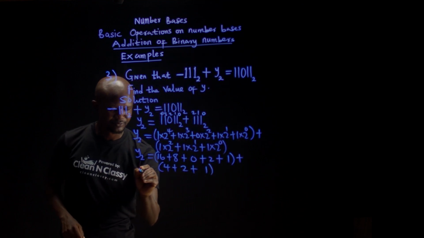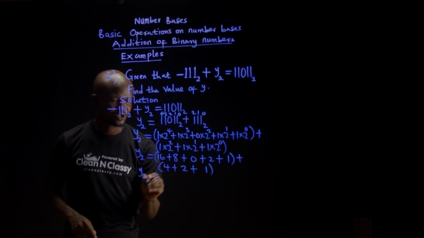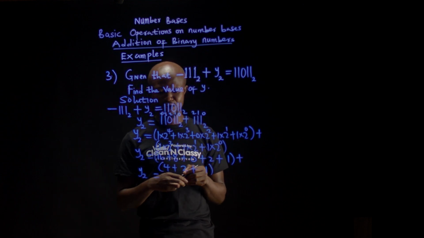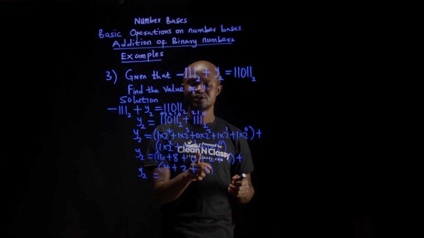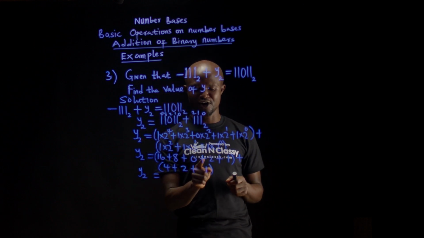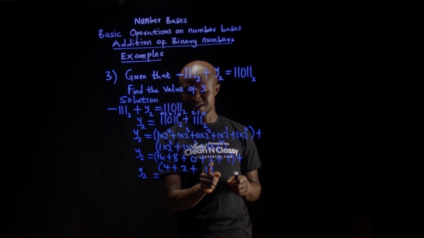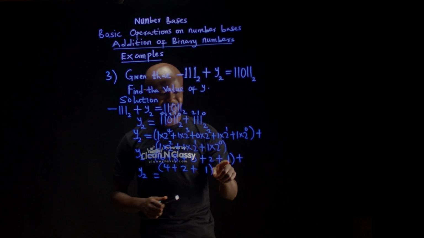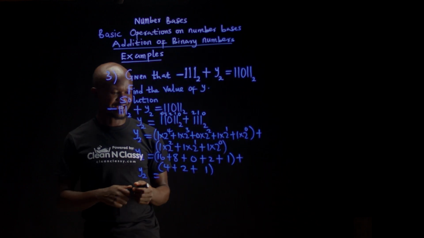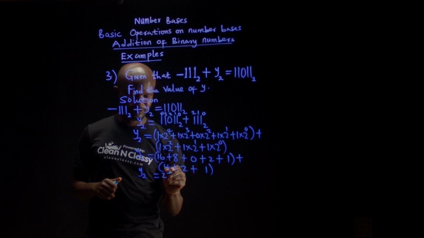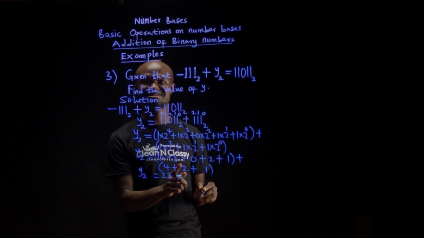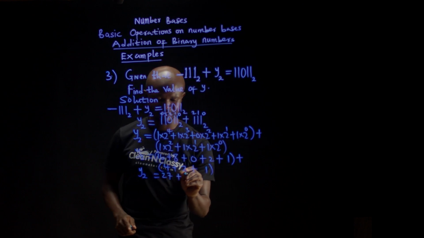Adding, this is going to be y base 2 equals 16 plus 8, that's 24. Then 24 plus 0 is 24. Plus 2 is 26. 26 plus 1 is 27. Plus, now 4 plus 2 is 6. 6 plus 1 is 7.